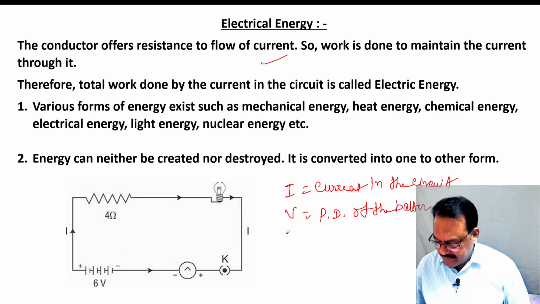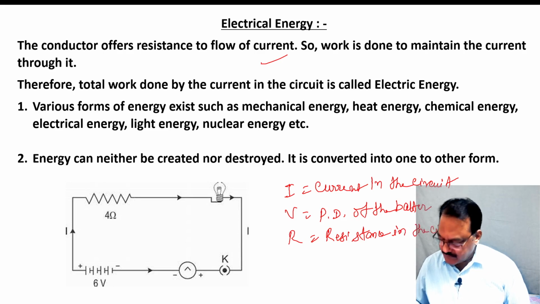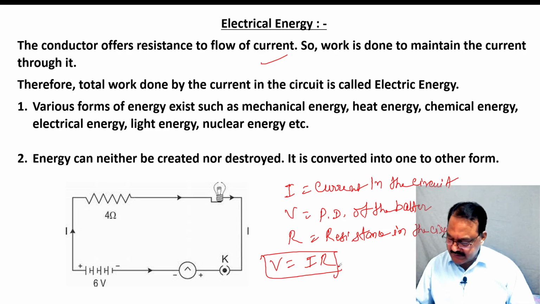R is the resistance in the circuit. As per Ohm's law, we have already related that V is equal to IR, right?